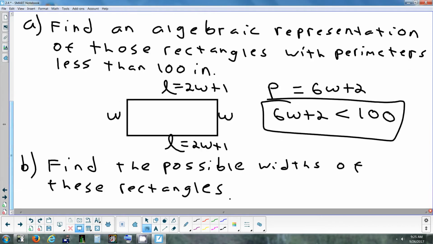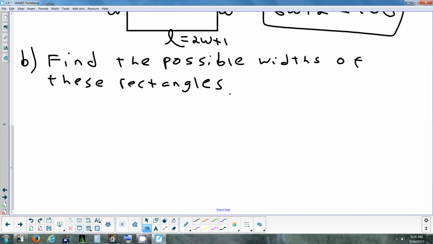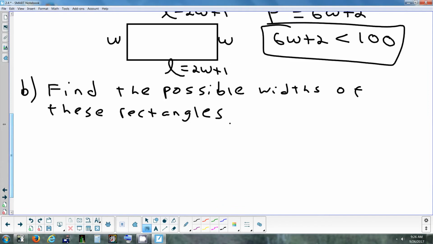Part 2. Find the possible widths of the rectangles. Okay, so now solve the inequality that you just created. So 6w plus 2 less than 100. What is my first step to solve that? Subtract 2.